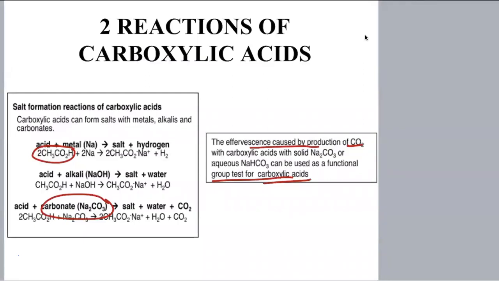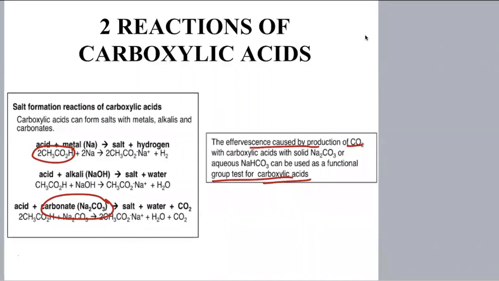This is one of the few questions that were asked in your exercise. I haven't looked at your answers yet, at least not for exercise 17.1. They always ask you what test can be used to distinguish a certain functional group. The idea is you choose one test that is positive for one functional group but negative for the other. Here an example is sodium carbonate.